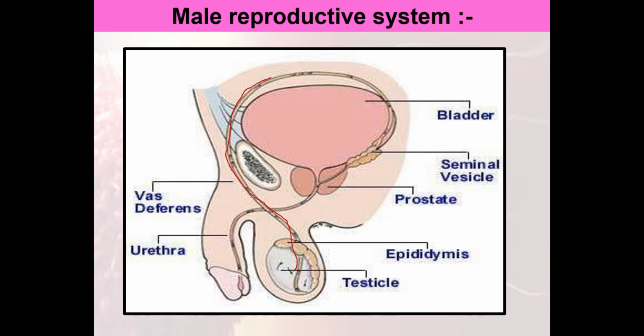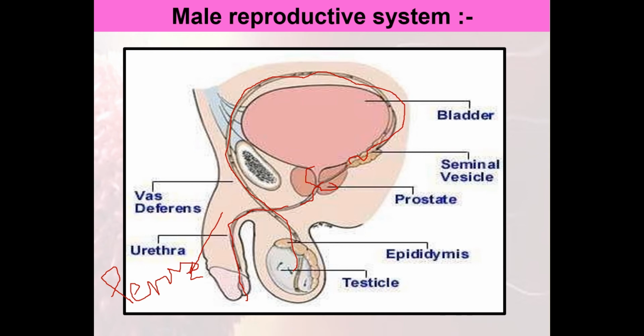Now, the sperm duct and the duct that is coming from the urinary bladder combine, and both of these open into a common urethra. Now this urethra is surrounded by a highly muscular structure. This is called penis, and this penis has an opening at the tip.